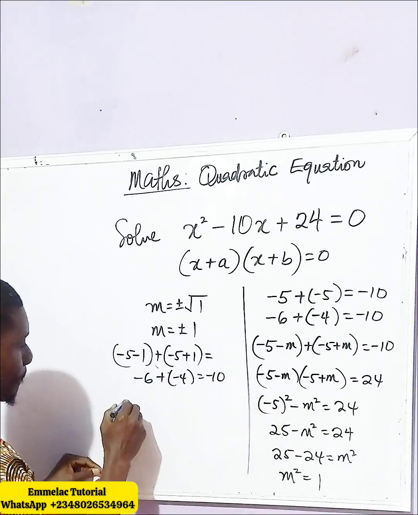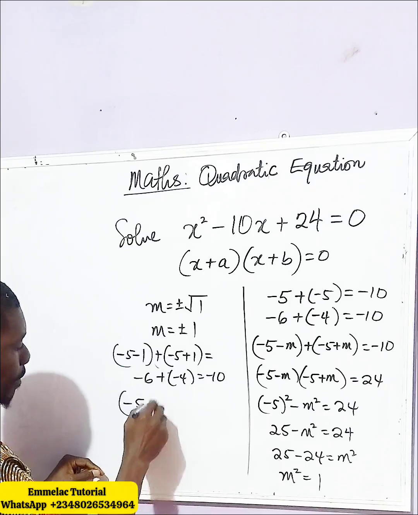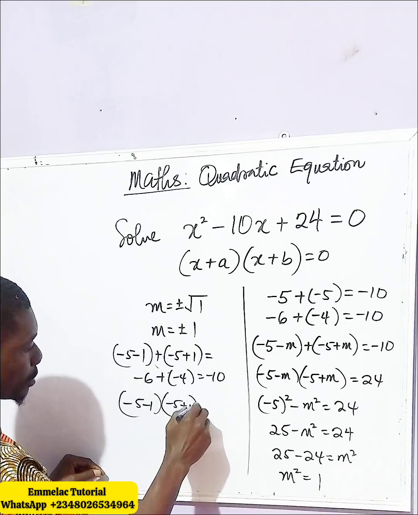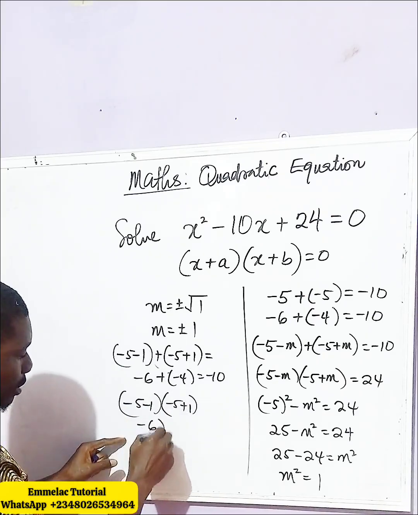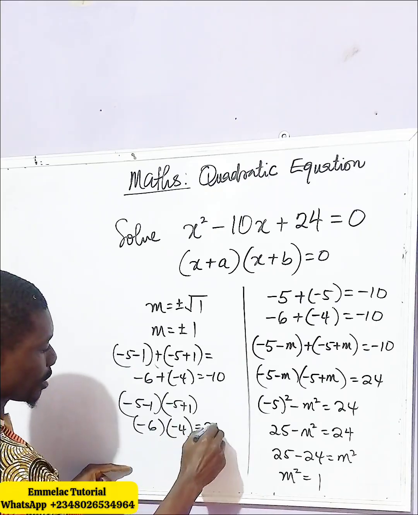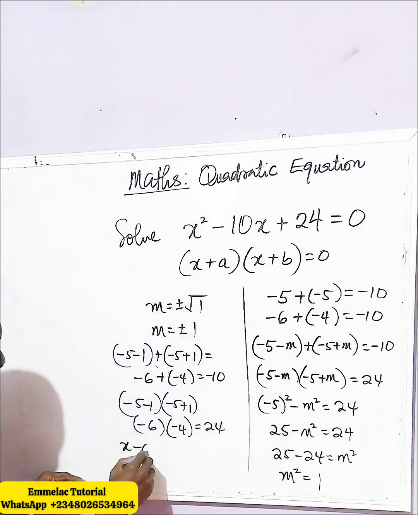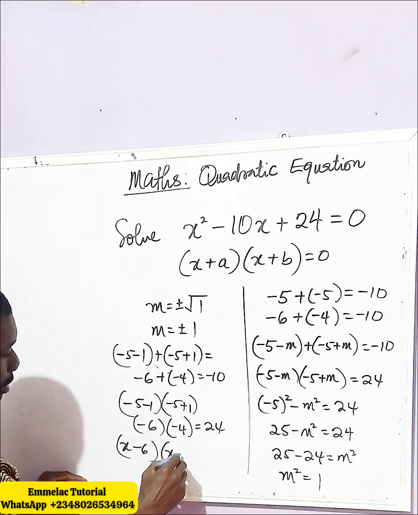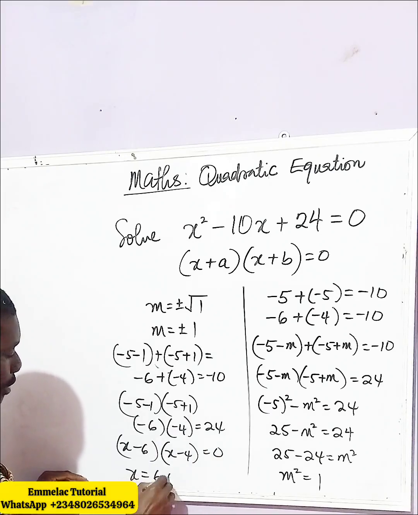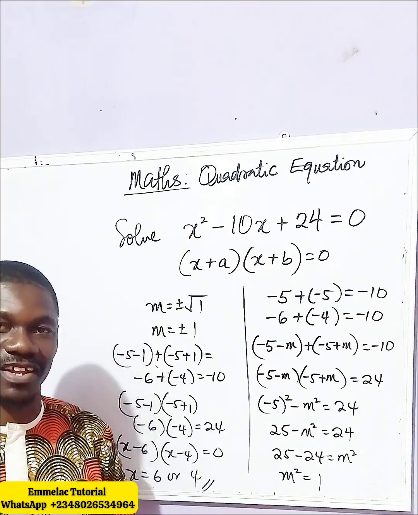And here -5 minus 1 into -5 plus 1. This should give us -6 and -4, giving us 24. So here we have x minus 6 into x minus 4. So x equals 6 or 4. Thank you and God bless you.